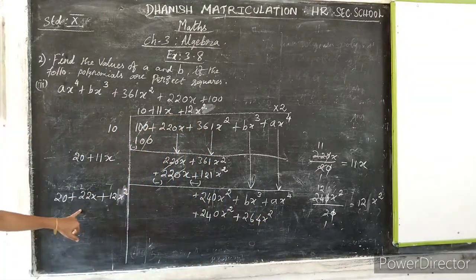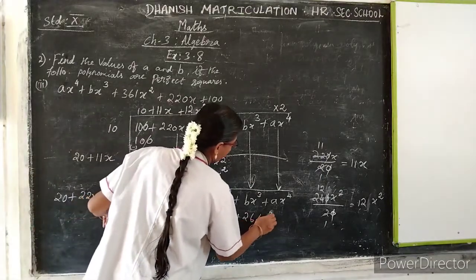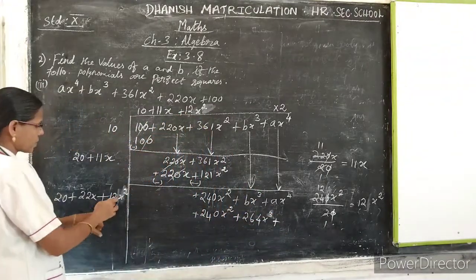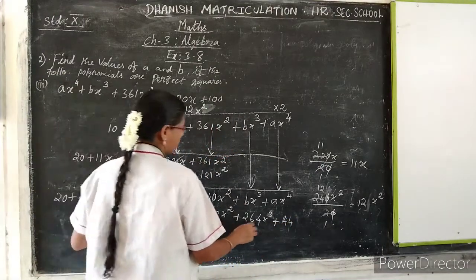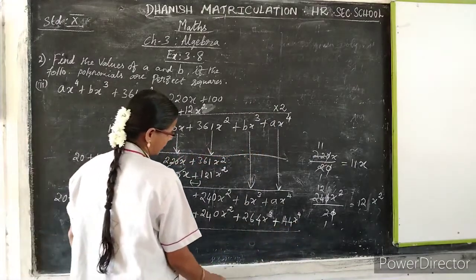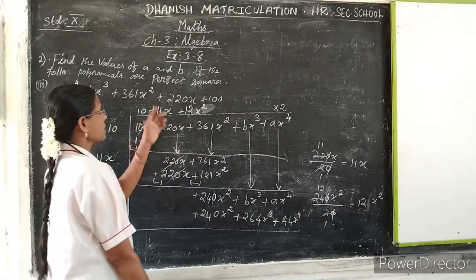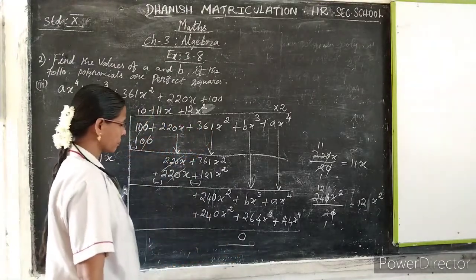Now x square into x is x cube, plus 12 into 12 is 144, 144x square into x square, x power 4. Don't change the sign, because the given polynomial is a perfect square, so the remainder should be 0.